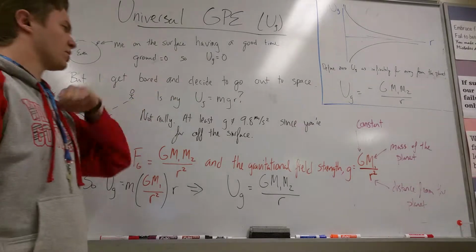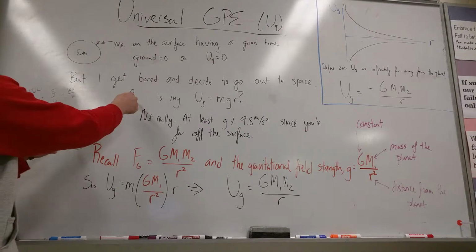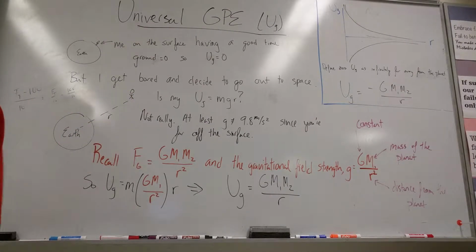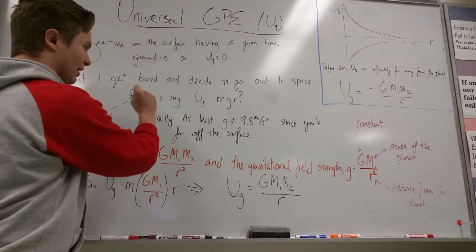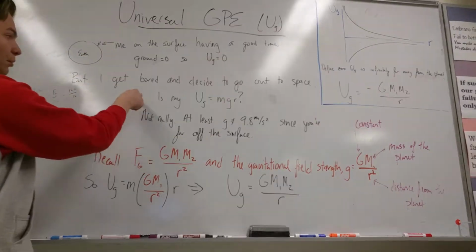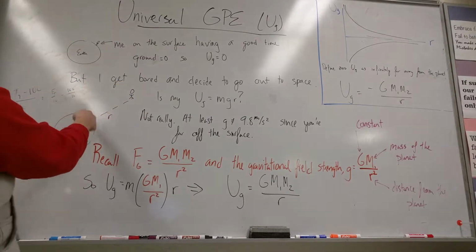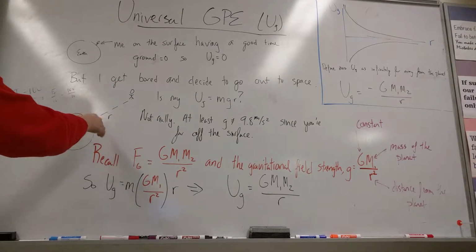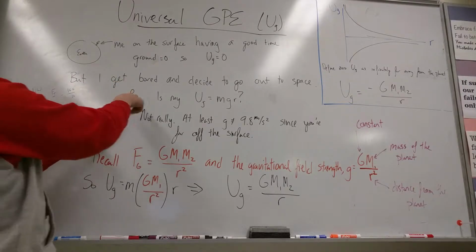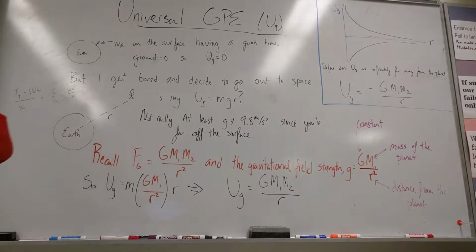Is my gravitational potential energy mgr, where r is this distance away? Well, not really. No, we can't say that, because g is no longer 9.8 meters per second squared when I'm out here. And plus, if we define this surface to be 0, then by our old equation, mgh would be our potential energy. So this kind of breaks down.